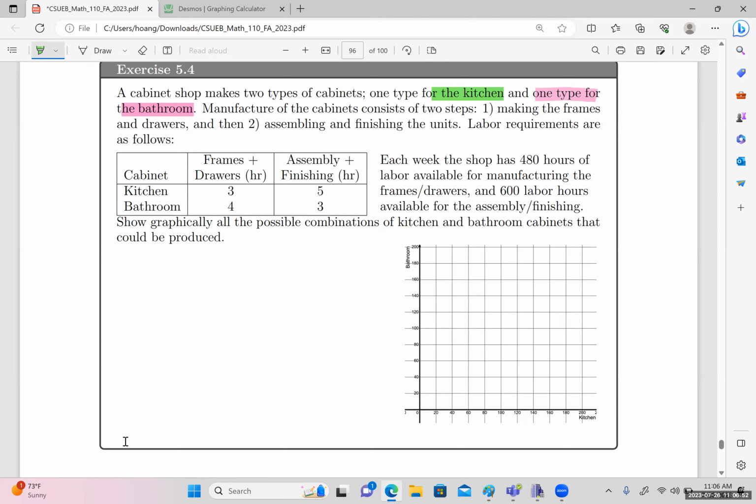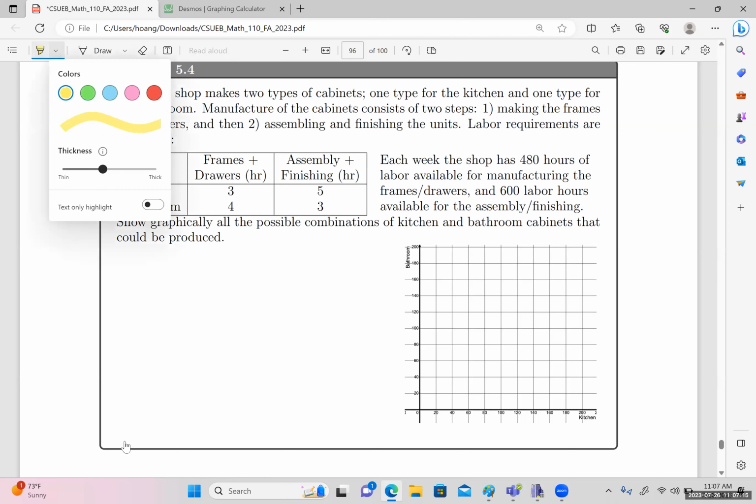So as you see below here, I have labor requirement as follows. Oh, actually, I don't even need these. I think this is more important here. So, what's the question?